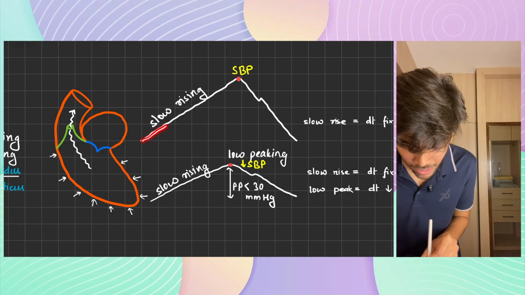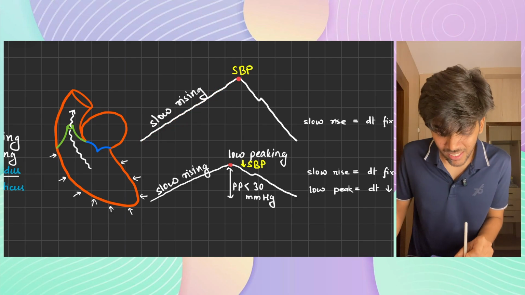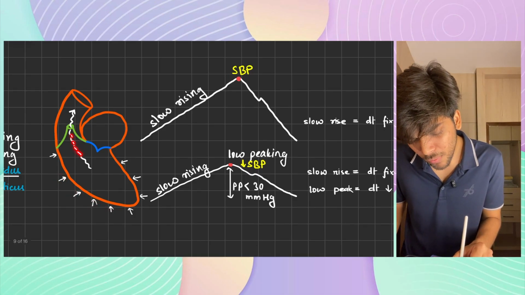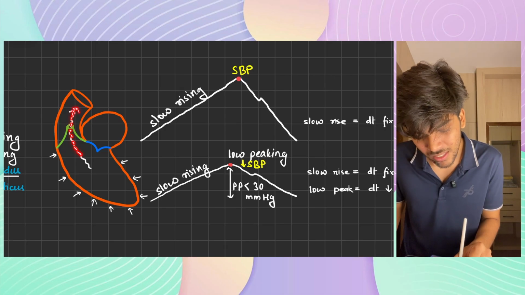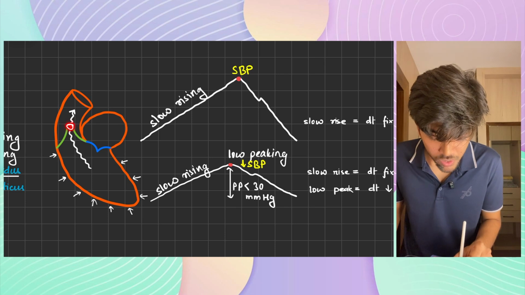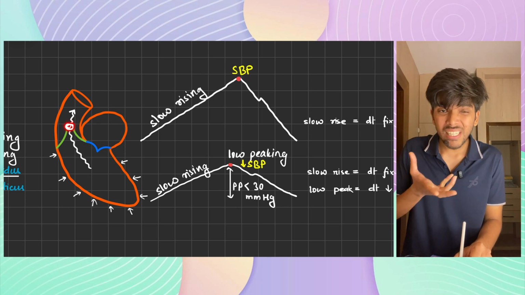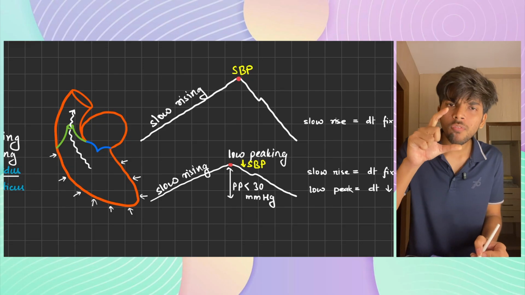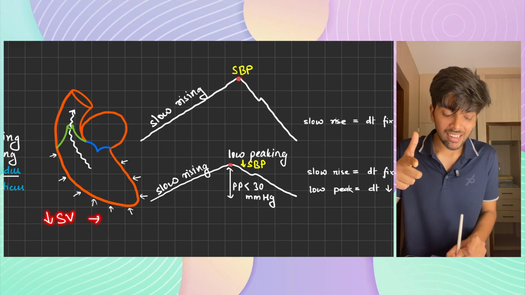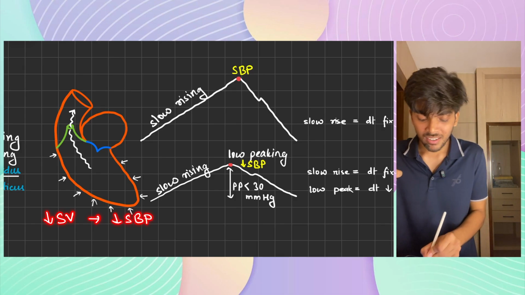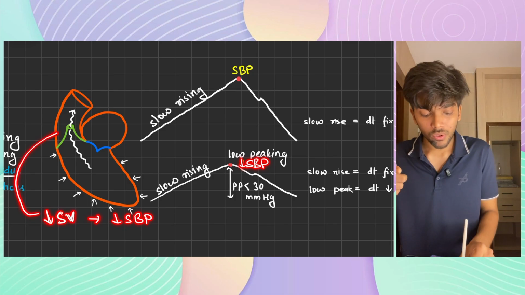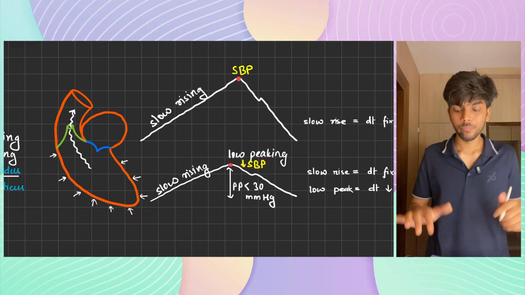You get a slow rising pulse because with each contraction, the ejection of volume of blood is very slow because there is obstruction, and you get a low peaking pulse because there is obstruction. So with each contraction, only small volume of blood gets ejected out. That means there is decrease in stroke volume and a decrease in systolic blood pressure. See, decrease in systolic blood pressure because there is decrease in stroke volume due to fixed obstruction present right here.